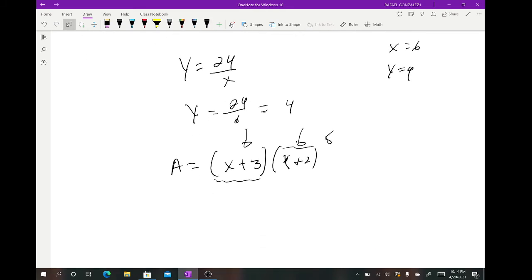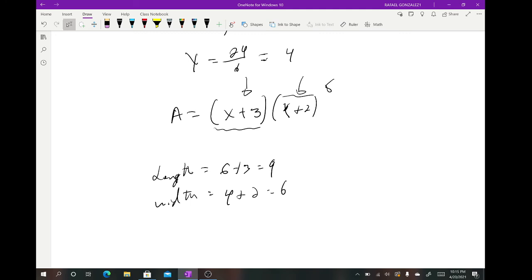Now the dimensions for the whole page will be 6 plus 3, which is 9. Let's say this is the width, or the height, I think. I have that completely backwards. 4 plus 2, which is 6. So we have a 9 by 6 piece of paper.